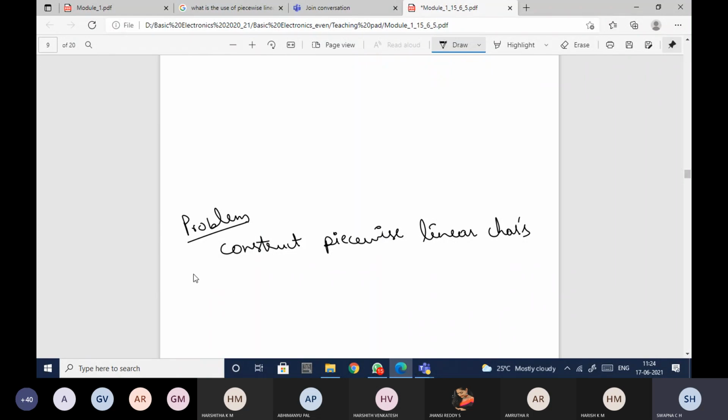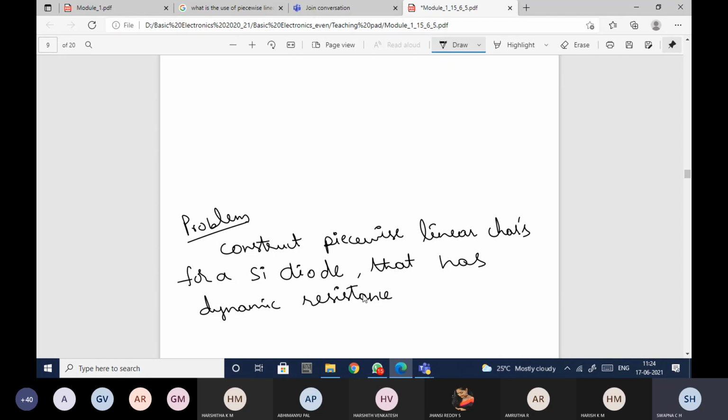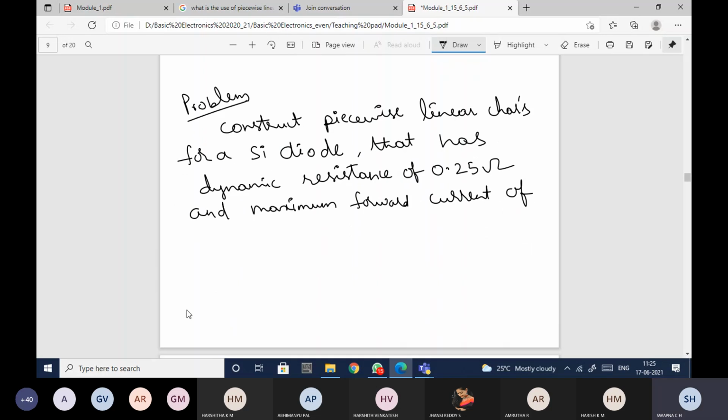Construct piecewise linear characteristics for a silicon diode that has dynamic resistance of 0.25 ohms and maximum forward current of 200 milliamperes.